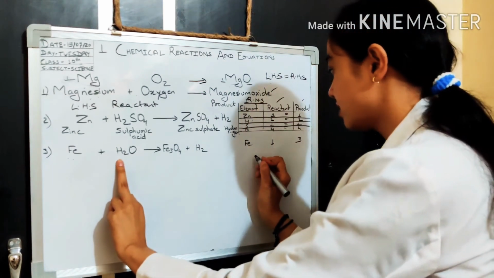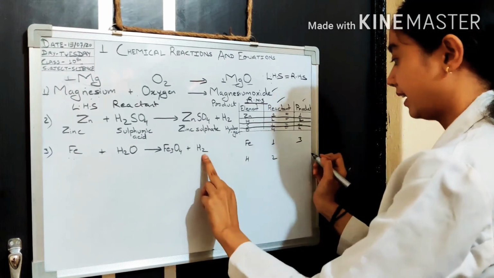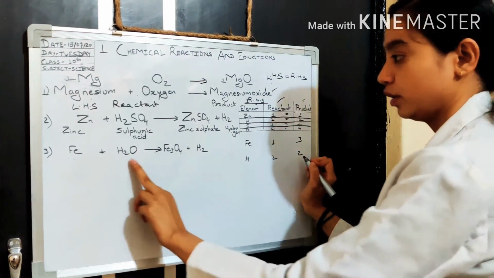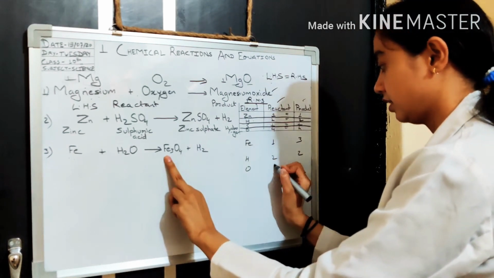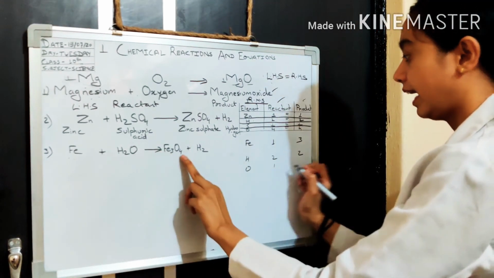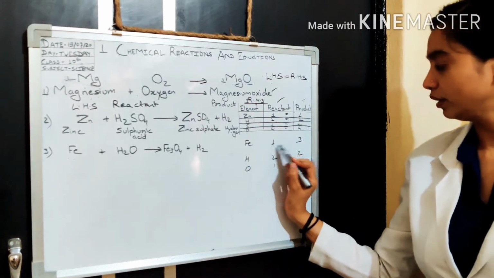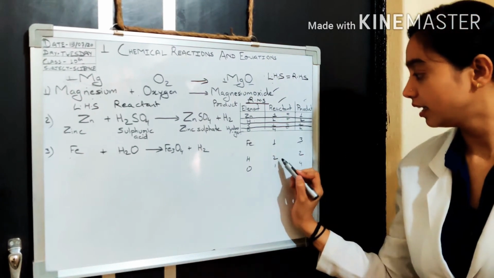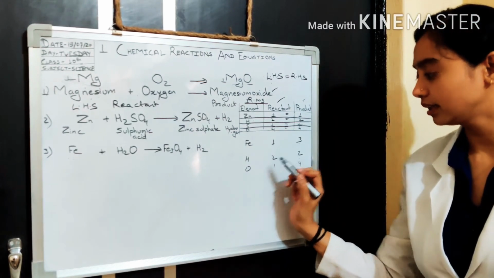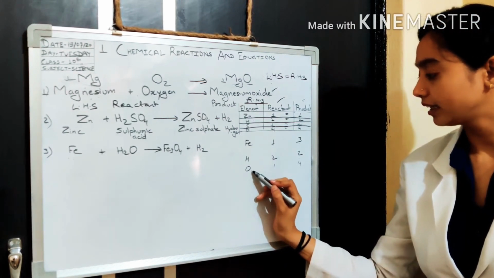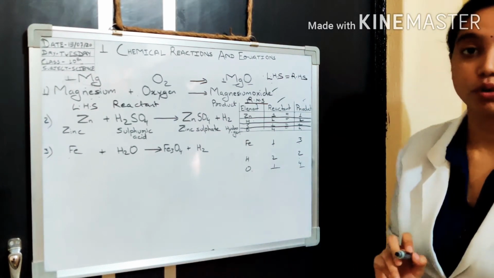H as a reactant is 2 and as a product 2. Oxygen as a reactant is 1 and as a product 4. Is this reaction balanced? 1 or 3, there is a difference. 2, 2, yes, hydrogen is equal, but the oxygen atom is 1 here and 4 here. So oxygen atoms are also unequal.